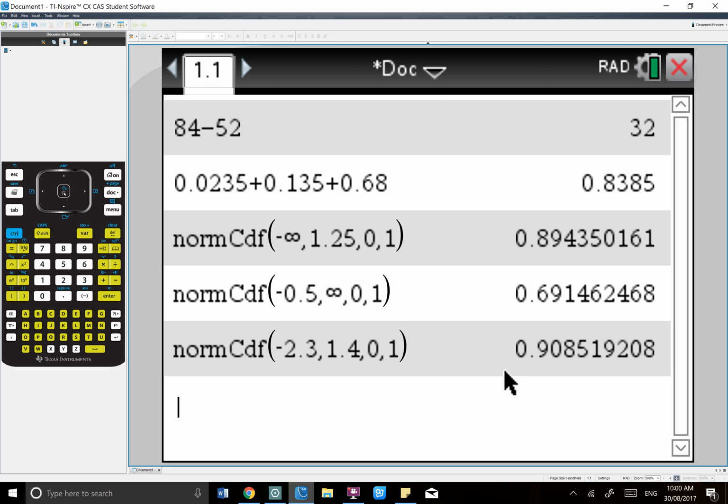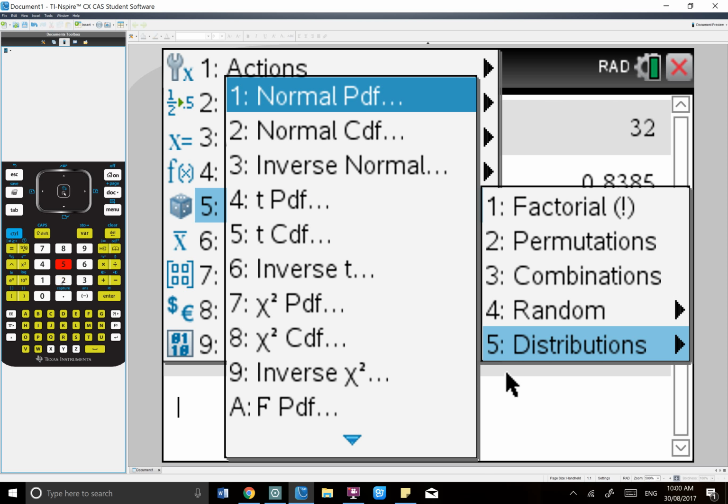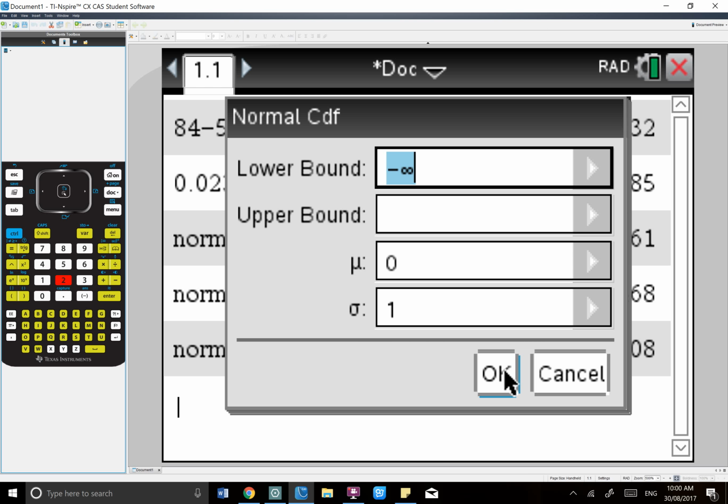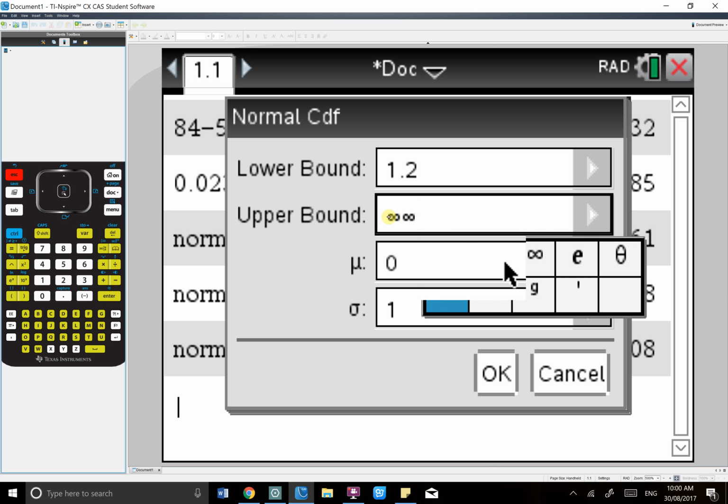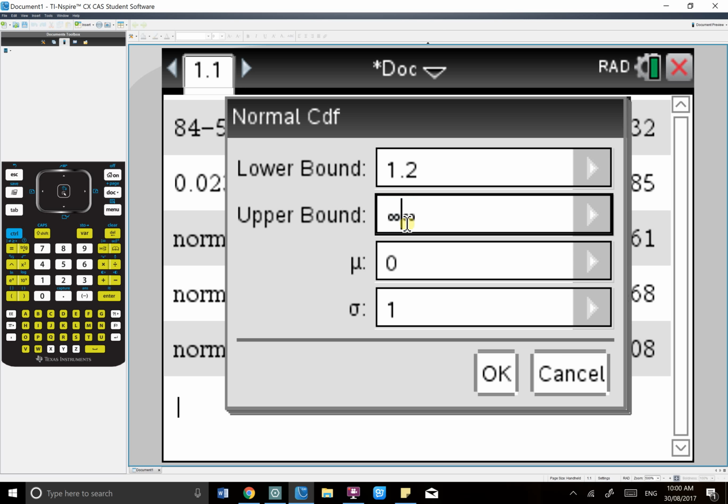If I say I want a value greater than 1.2, that is 1.2 to infinity, and it's not a Z normal anymore. Let's say it's a mu of 10.2.